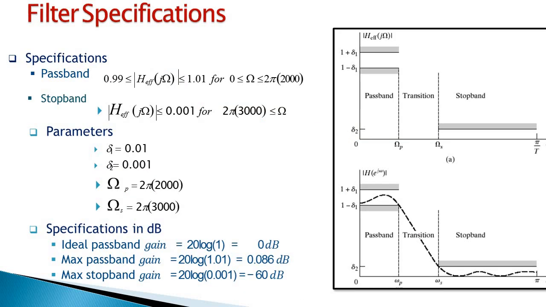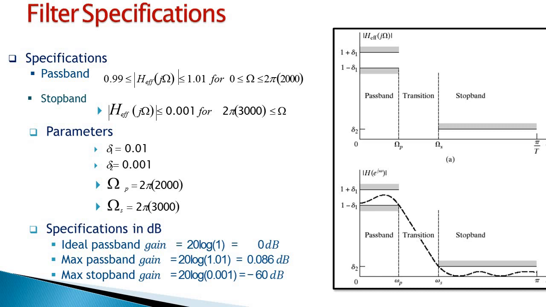See the filter specifications are given in this fashion, in the diagram. The passband is from 0.99 to 1.01 for Ω lying between 0 and 2π.